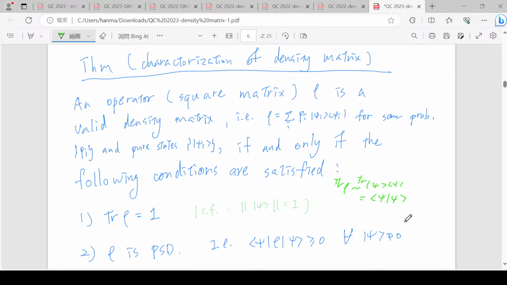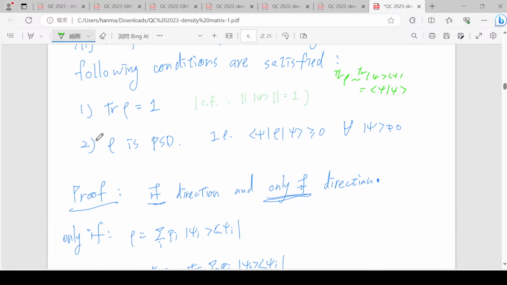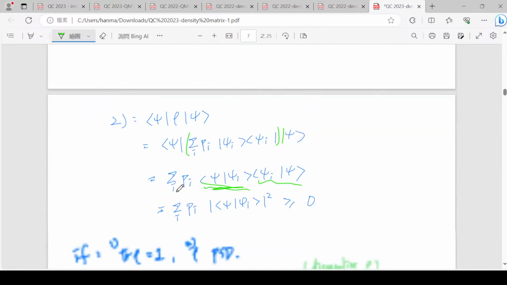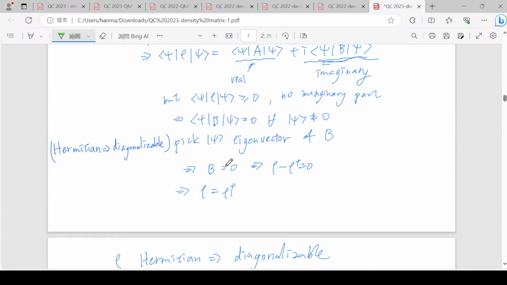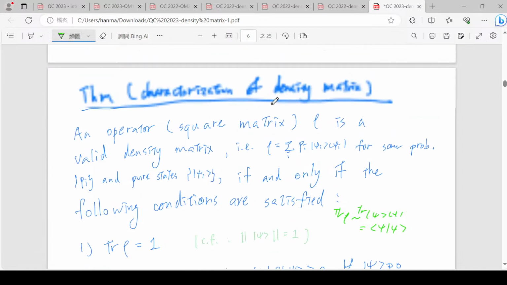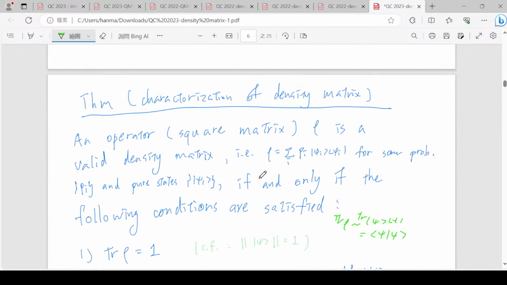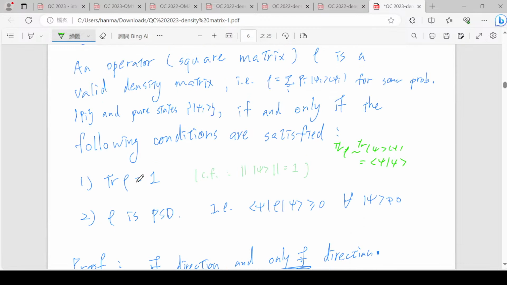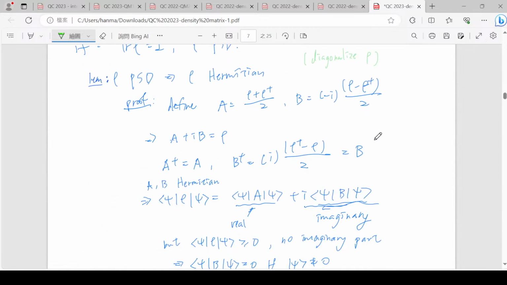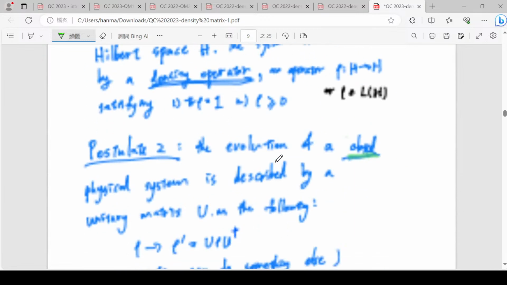In particular, the harder part to prove is that if your density matrix satisfies those two things, then we can find an ensemble corresponding to it, right? We say you can diagonalize it, and it's an ensemble. But actually, this ensemble and density matrix correspondence is not one-to-one. There are many ensembles that give you the same density matrix, and in the proof here, we just find one of them, the one that's easy to find.